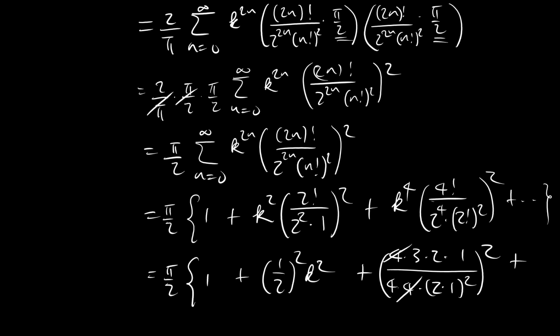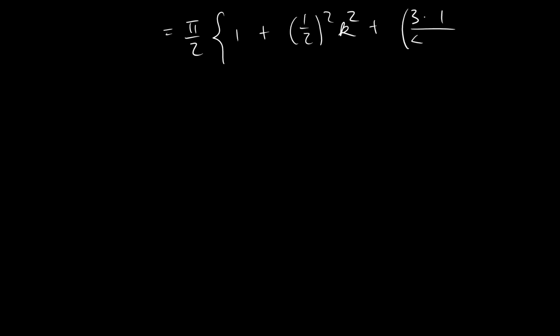Cancel that, and then the square goes away, but we're left with 1. So eventually, and sorry, there's k to the 4 there, without forgetting, and so on and so on. So we come to pi over 2 times 1 plus 1 over 2 squared k squared plus 3 times 1 over 4 times 2 squared k to the 4, and so on.